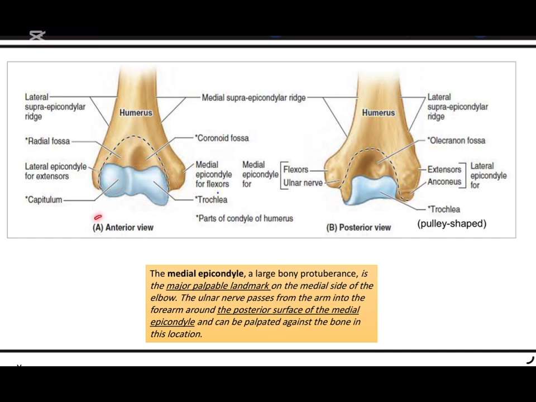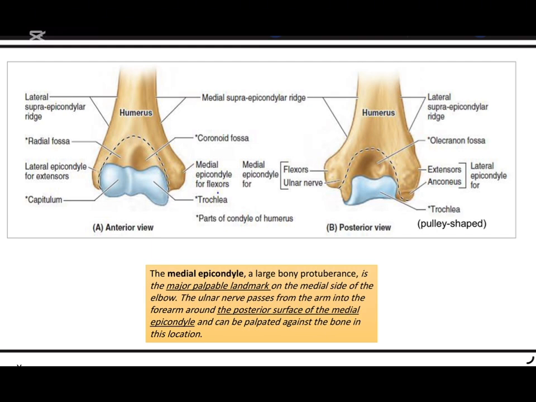So anteriorly here, on the top of the trochlea, I have a fossa. This fossa, we call it the coronoid fossa. Why is it called the coronoid fossa? Because on the ulna, I have a process called the coronoid process.